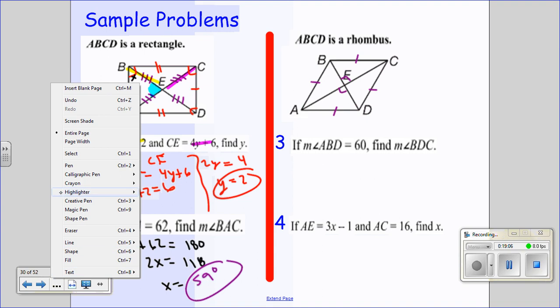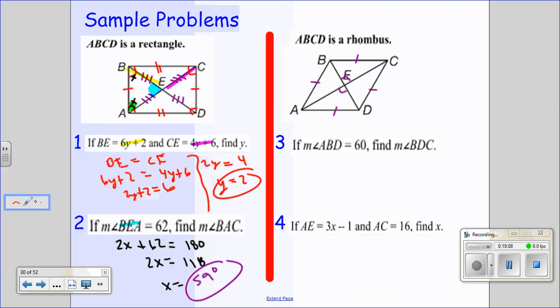We also know that the diagonals bisect each other. So these two angles are the same, these two angles are the same, and then these two angles are the same. Or 4, should I say, since it's 4 little angles. So those are the specific things to a rhombus that are slightly different than a rectangle.